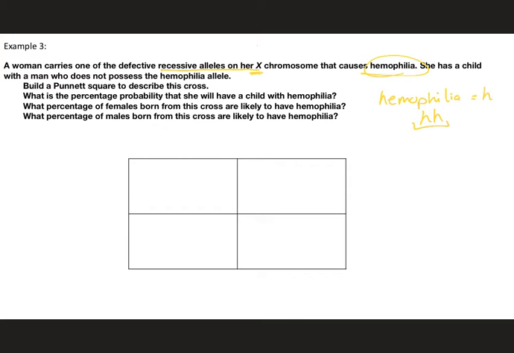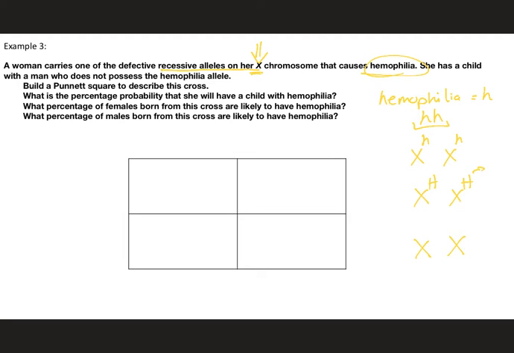But we have to be careful. Here's a really important concept. This is an X-linked trait. So if you are a female, let's write out all the possibilities when you look at hemophilia. If I have hemophilia, I need to have two little h's, one on each of my chromosomes. This means I have hemophilia. The other combination is I could have both normal.